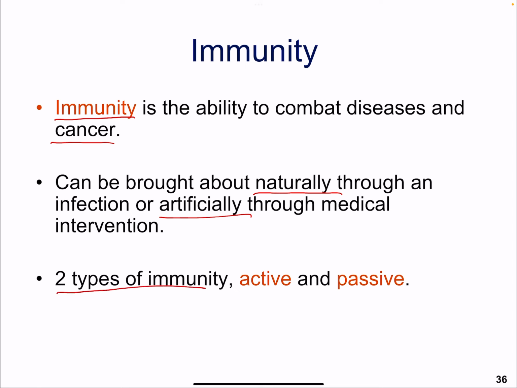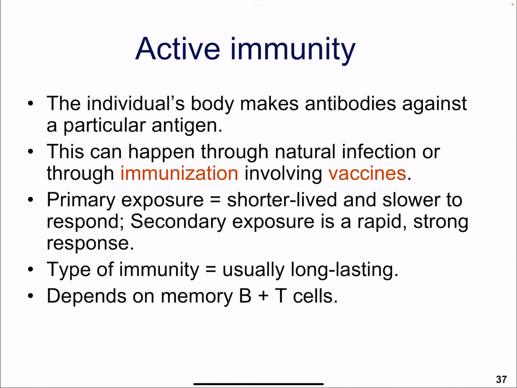There are two types of immunity, active and passive. Active is when your body is intentionally developing means to protect itself against infectious particles or foreign particles, while passive immunity is when the body acquires immunity without ever doing anything special, right?